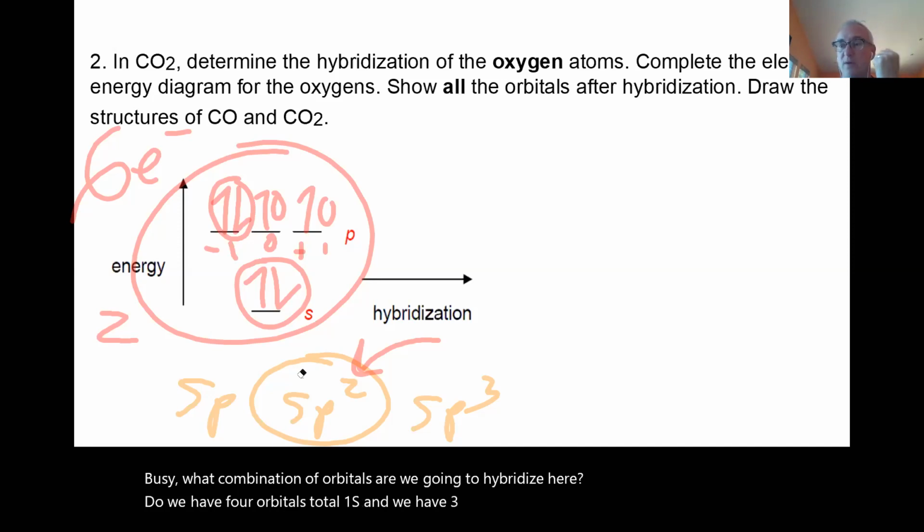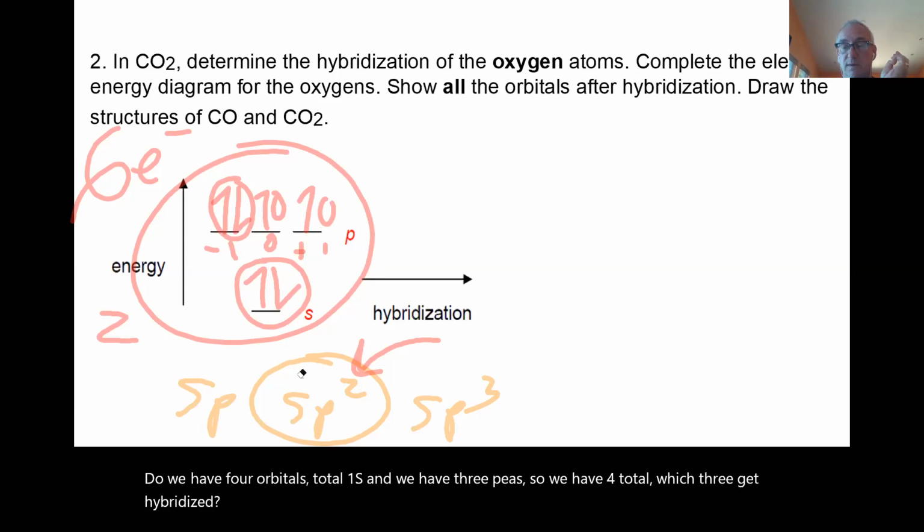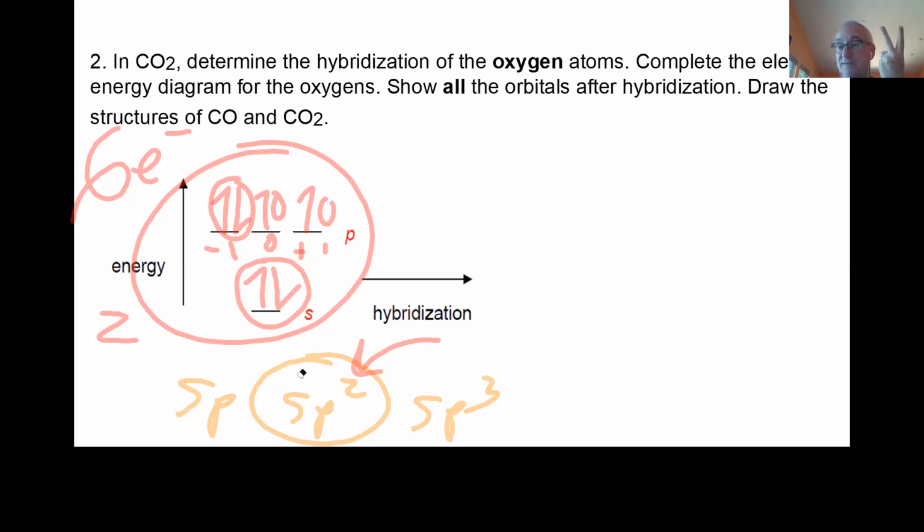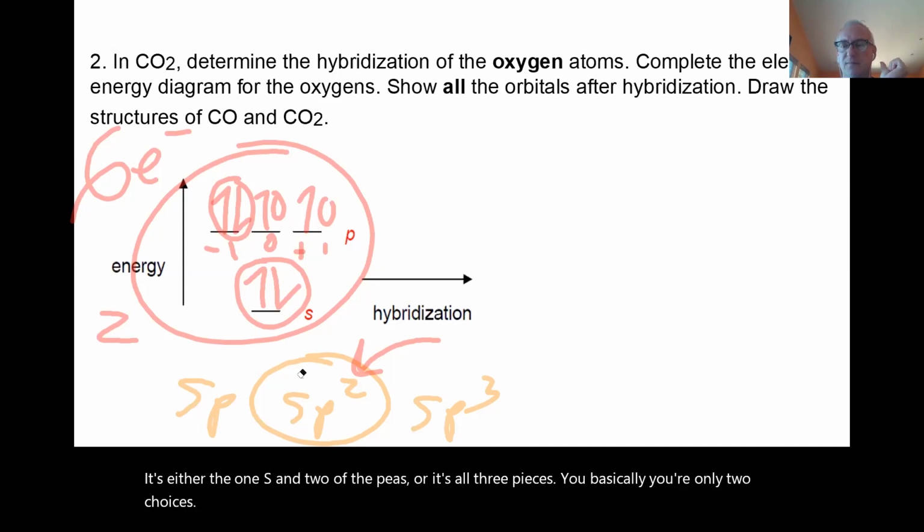Which 3 get hybridized? Basically you have two choices. It's either the 1 s and 2 of the p's, or it's all 3 p's. Those are your only two choices. Which one is it?